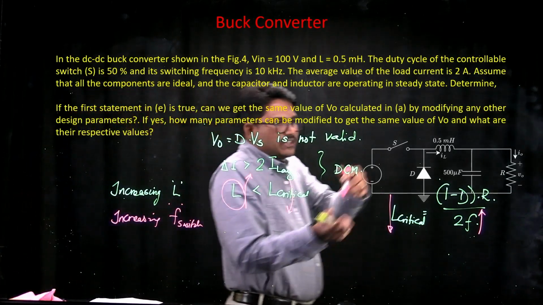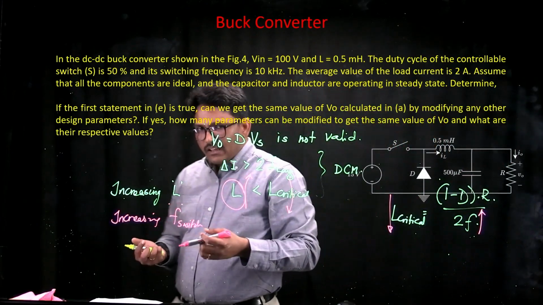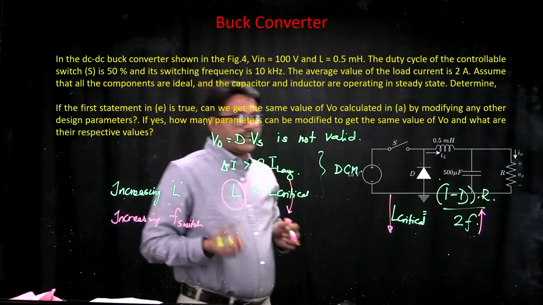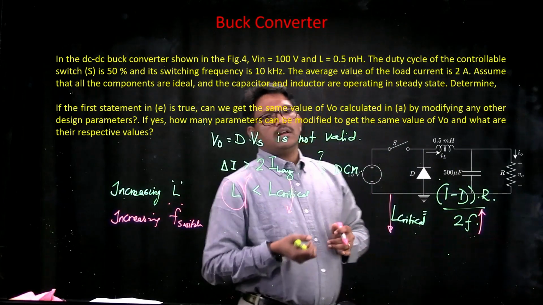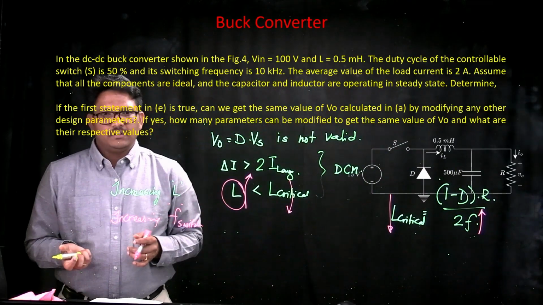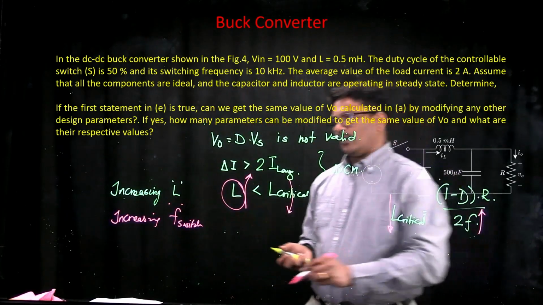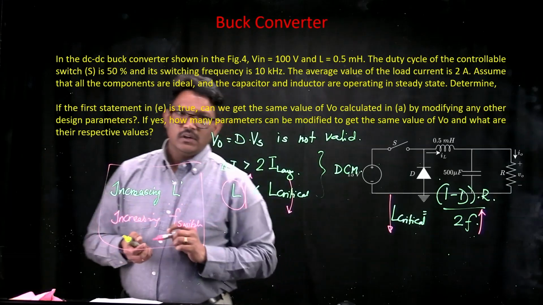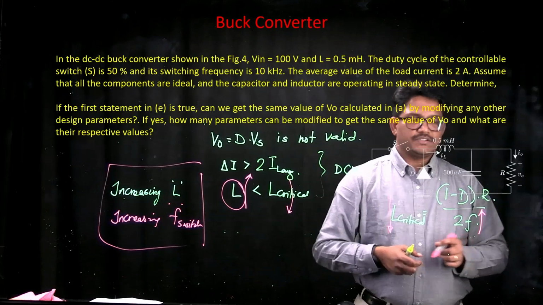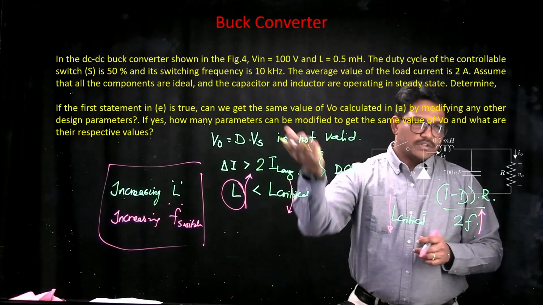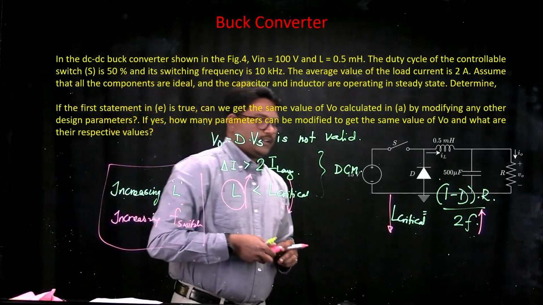You may say that I want to change R, but that will be changing the load itself. And if you want to change D, you are still going to be in a discontinuous conduction mode. Maybe you will be able to get 50 volts, but that is not a potential option that we have because we always prefer continuous conduction mode. So these are the two better options that you can look for in order to push your circuit from a discontinuous conduction mode to the continuous conduction mode, so that for the question you will still be able to get 50 volts as an output voltage for the duty cycle of 50%.